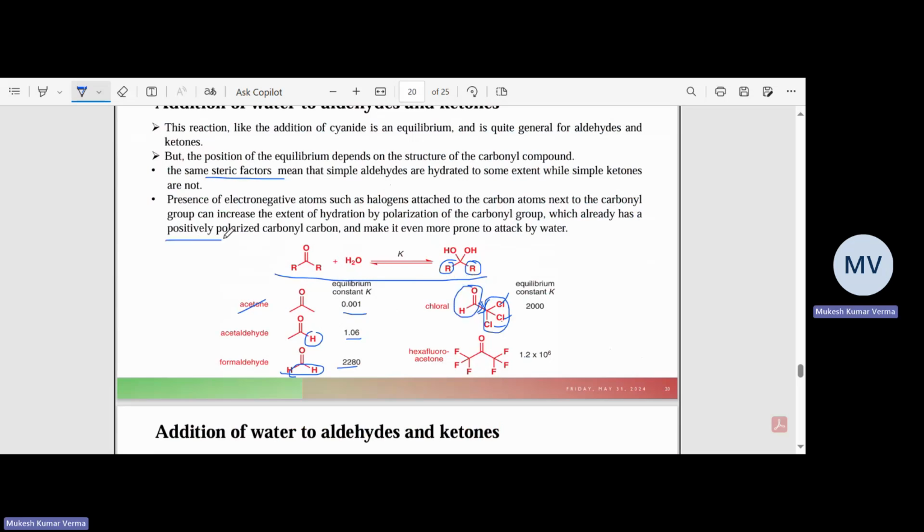The positively polarized carbonyl carbon becomes more prone to attack by water. When the electron density of the carbonyl carbon decreases, the attack of water on this carbonyl carbon becomes easier. We can see that in this case the equilibrium constant value is very large.